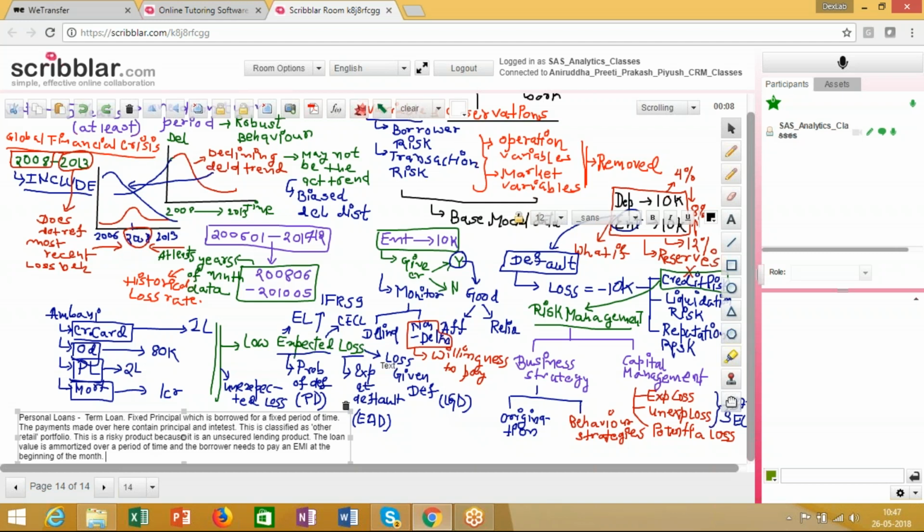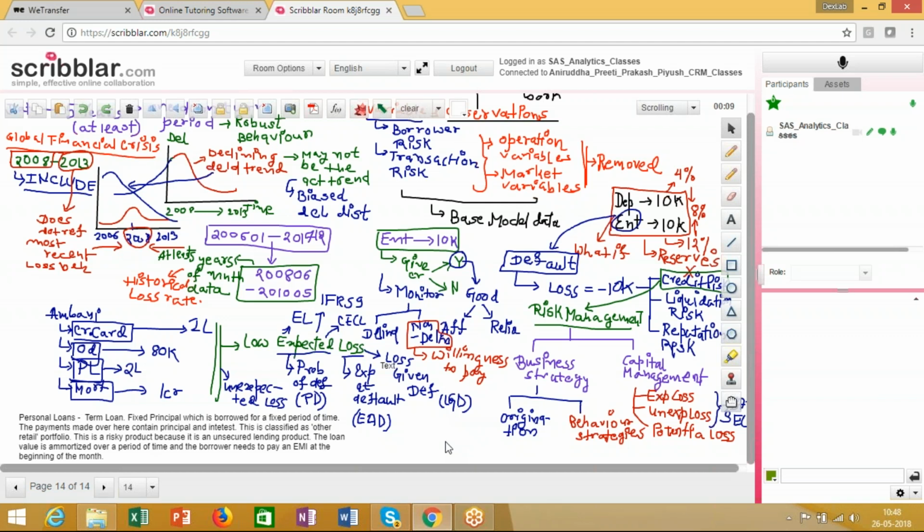Having said this, the next part we need to understand is what the sources of risk are from which the loan, or the borrower, can suffer. So what are the key sources of risk? I'll not tell you yet.